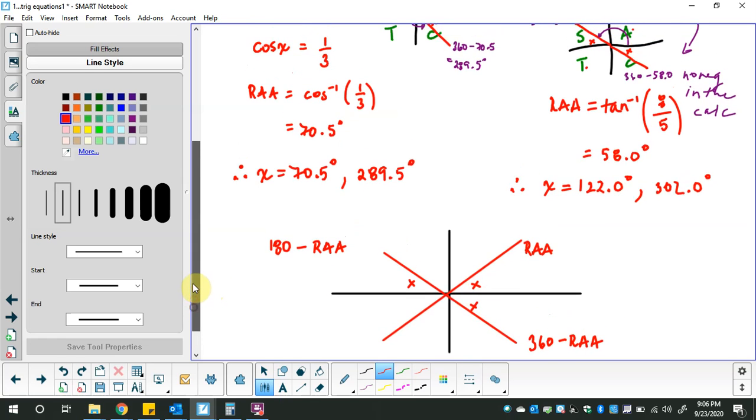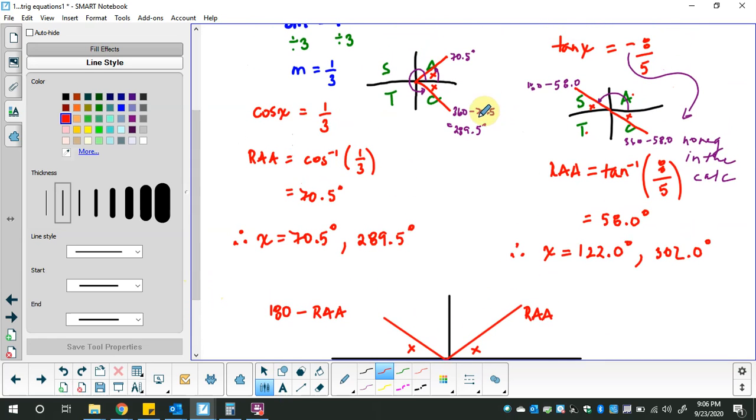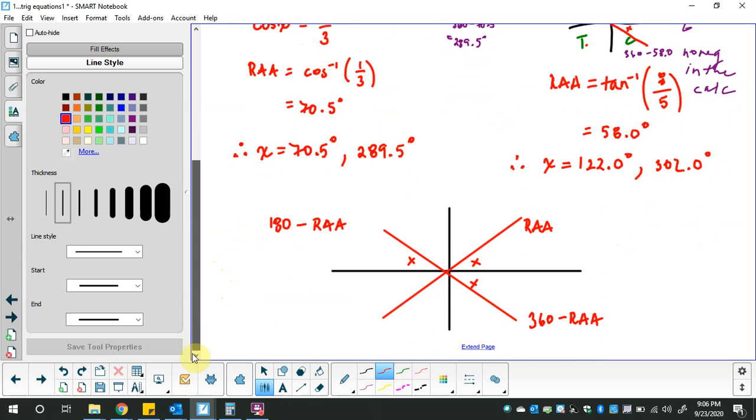We did that here and here. And if you're in the quadrant we didn't do yet, that's 180 rotating from 0 degrees around to this line, and then a little bit extra, and that little bit extra causes you to add on your RAA.